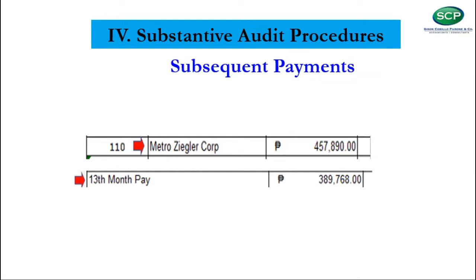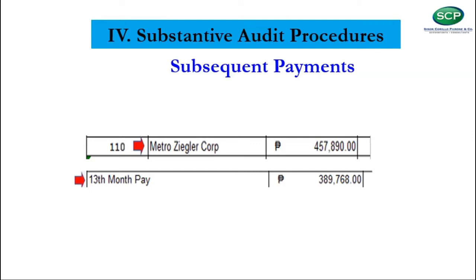This is one procedure na dapat ginagawa at all times, whether low risk, high risk, or kung ano man yung assessment natin for accounts payable and accrued expenses. This is one of those procedures na dapat constant siyang ginagawa. In any types of client, lagi siyang ginagawa for accounts payable and accrued expenses.